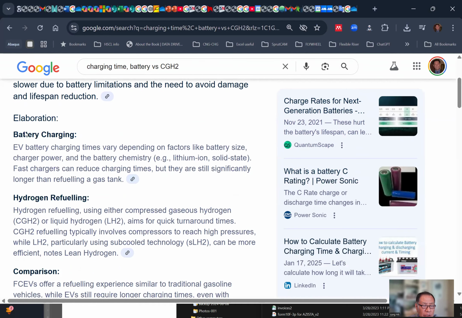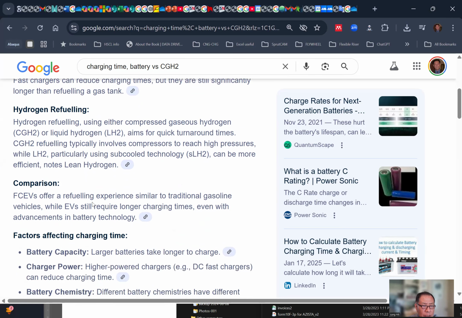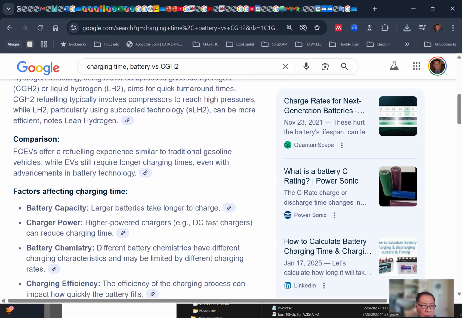So the battery charging is another topic we need to understand. As engineers, we would also like to improve or shorten the battery charging time, and the hydrogen refuel CGH2 and LH2 and all kinds of methods can be compared.